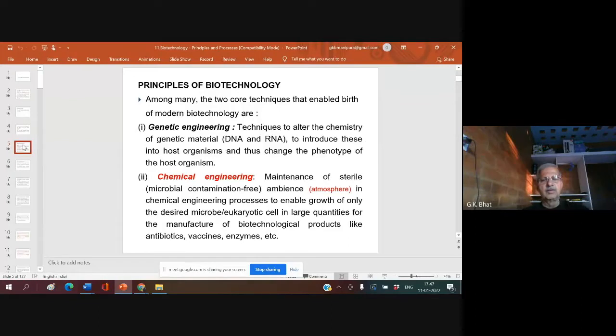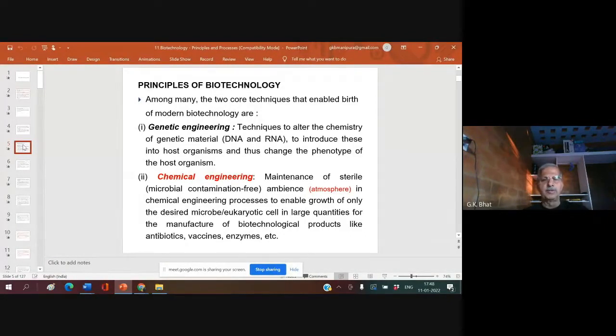Now let us look into chemical engineering. Chemical engineering deals with maintenance of a sterile ambience. Sterile means microbial contamination free, free from any contamination by any microbe. Ambience means atmosphere; ambient temperature means the temperature of the atmosphere, the environment.